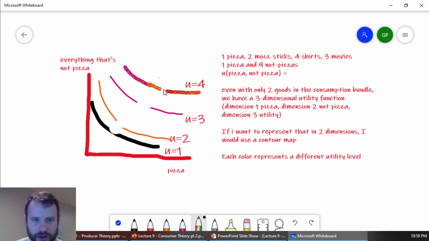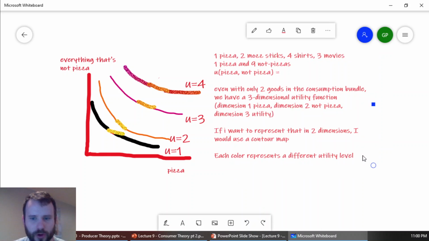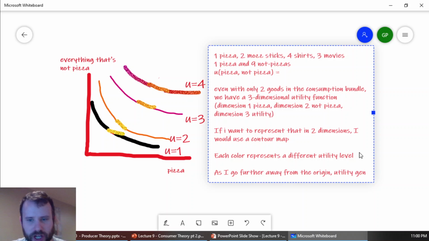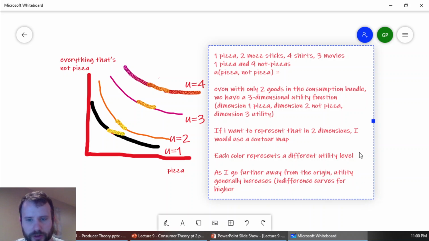As I go further northeast, further away from the origin, utility generally increases in indifference curves for higher utility.